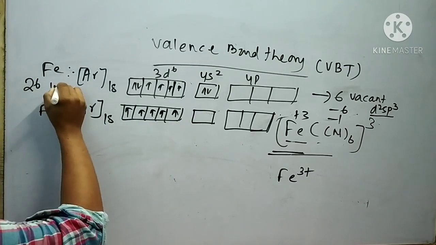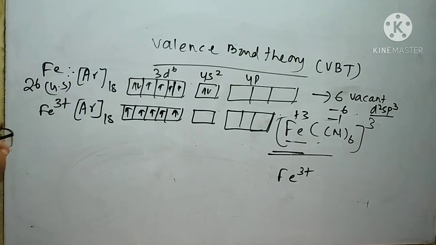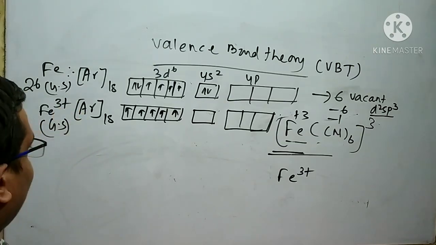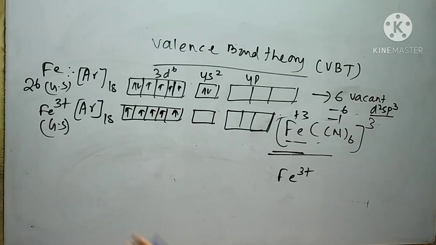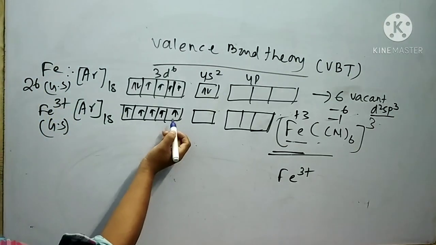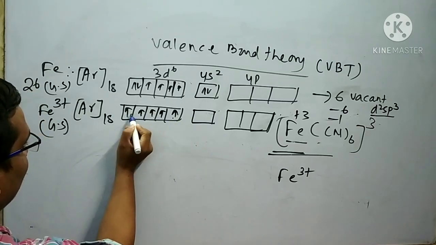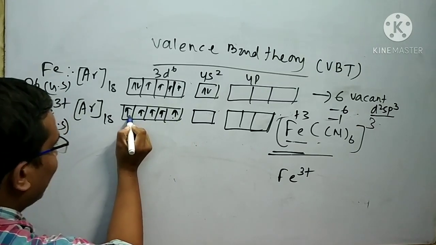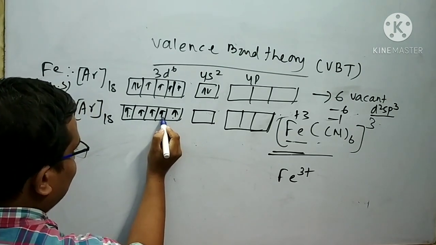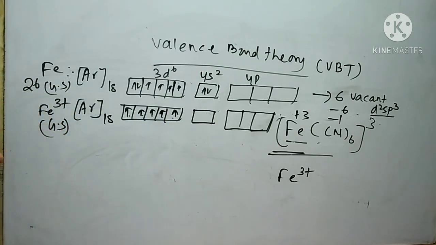This is your ground state of Fe. This is your ground state of Fe3+. Next step, I want to form 2 vacant 3d orbitals. This can be possible by shifting this electron to this orbital and also shifting this electron to this orbital.